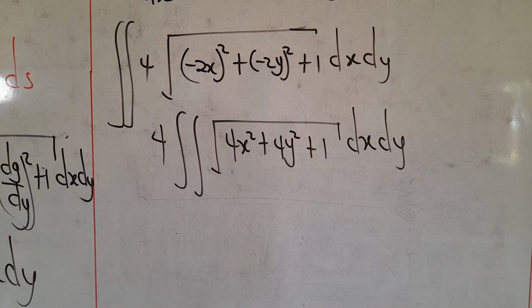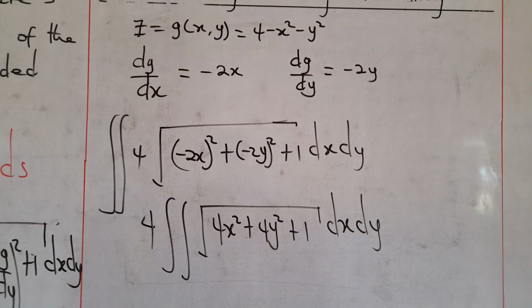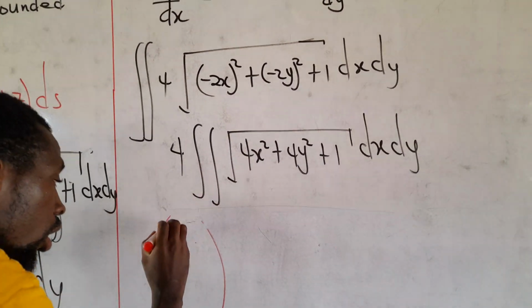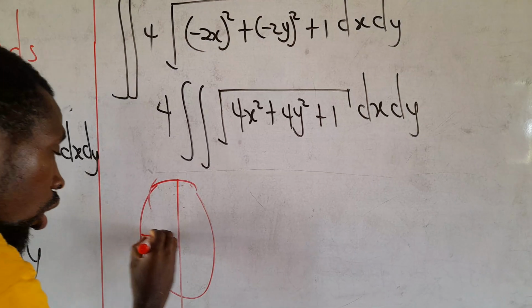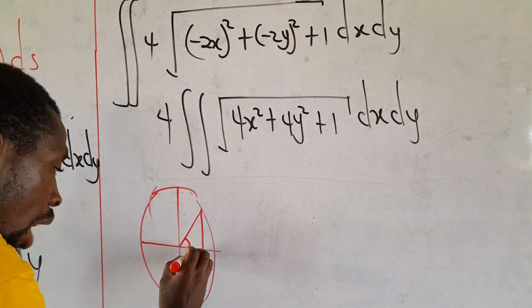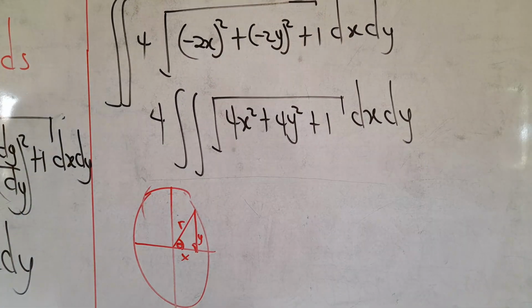And remember, in shifting to polar, we'll have our equation of the circle to be this, and that circle may look like this. Well, we'll have our x and y plane, and theta, then our r.